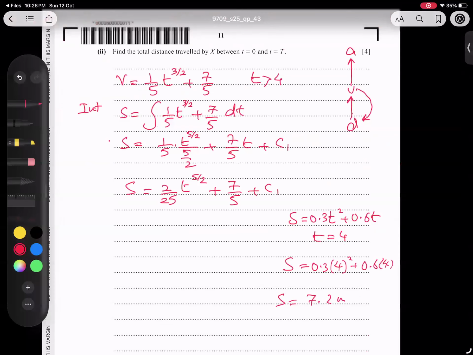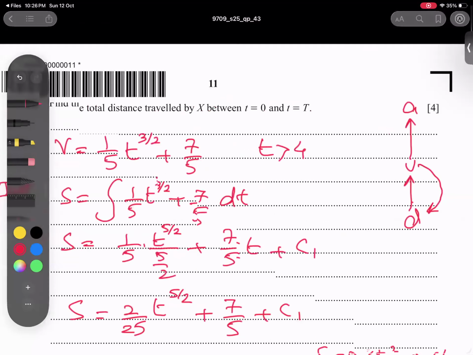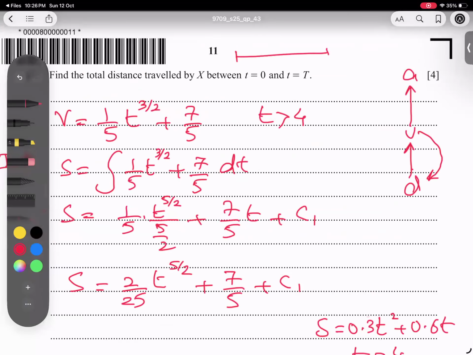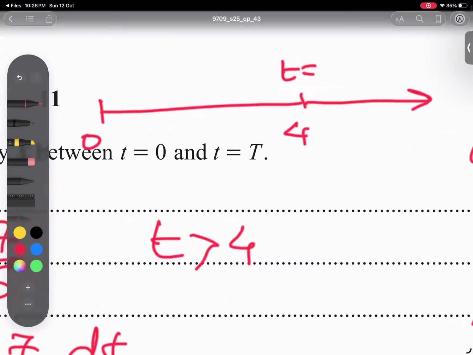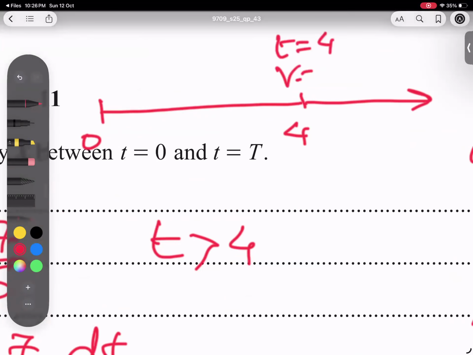Basically, what are the criteria? I'll just tell you, look at it carefully now. From 0 to 4, when I reach, and after 4 is this. When time is 4, velocity was 3, and displacement I just got at the same place is 7.2.